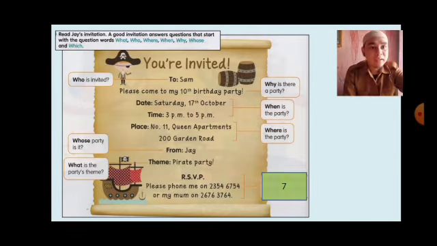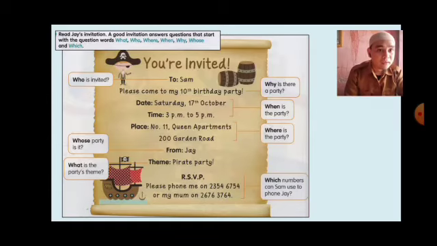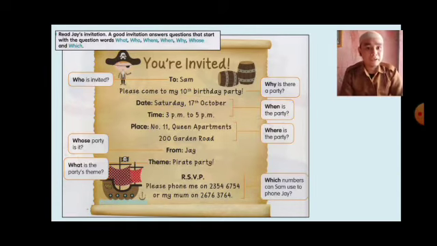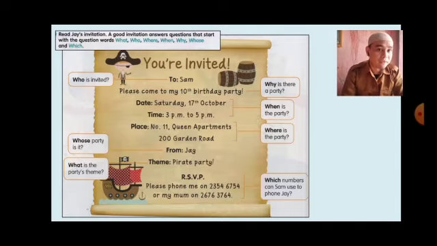And then the last question: which number can Sam use to phone J? And the answer for this question: phone me on 2354 6754 or my mom on 2676 3764.